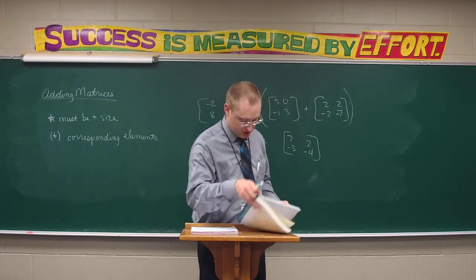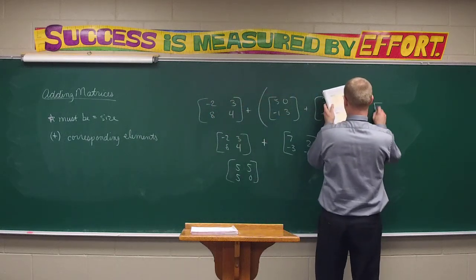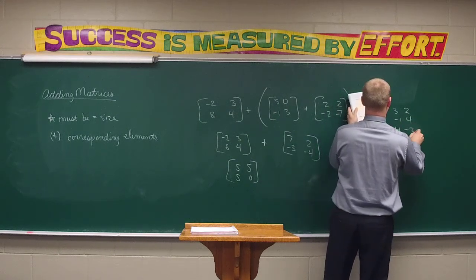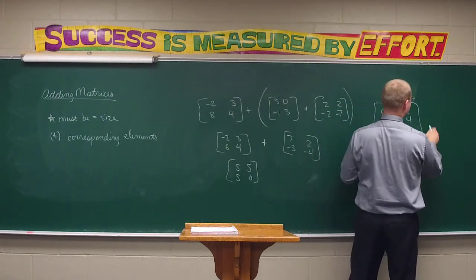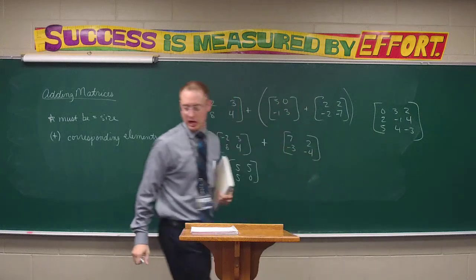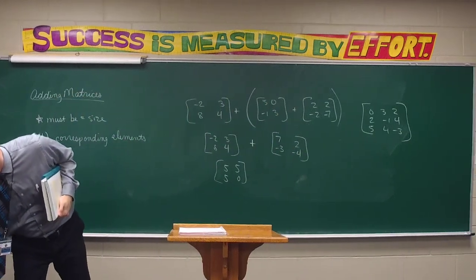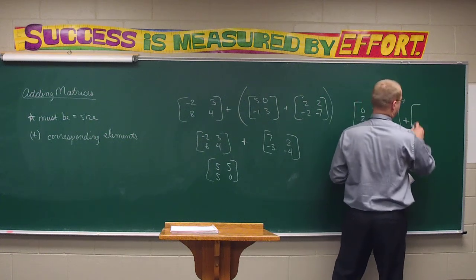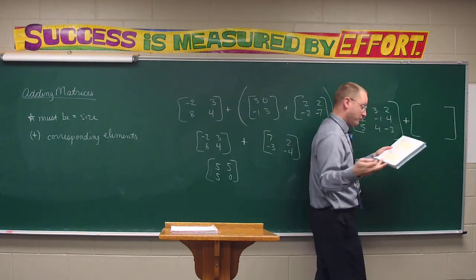Look at example C. They give you a 0, 3, 2, 2, negative 1, 4, 5, 4, negative 3. And it says to subtract. Do we ever really subtract, class? We add the inverse. So I'm actually going to change this to adding, and by inverse we mean inverse of everything.